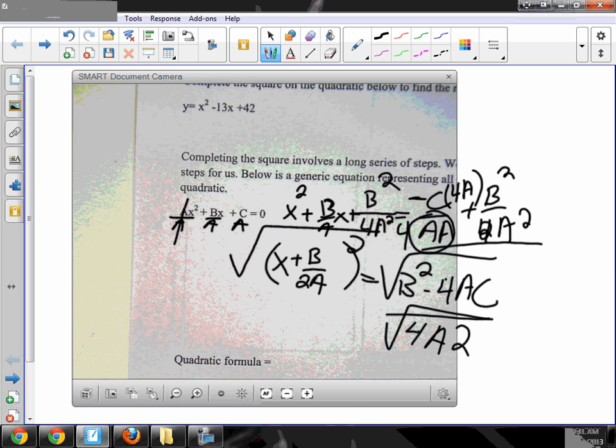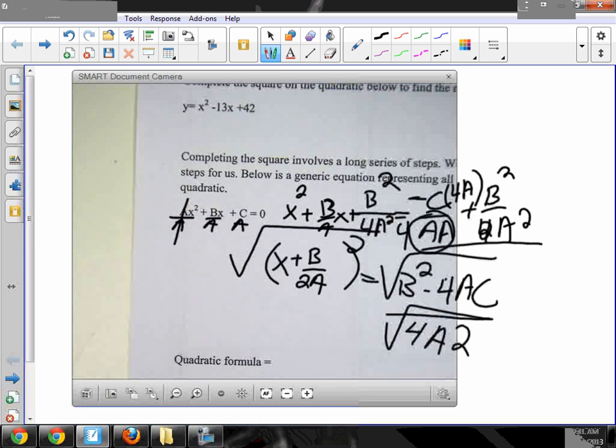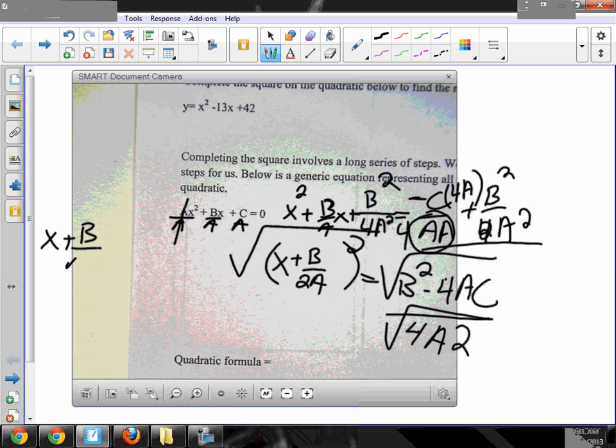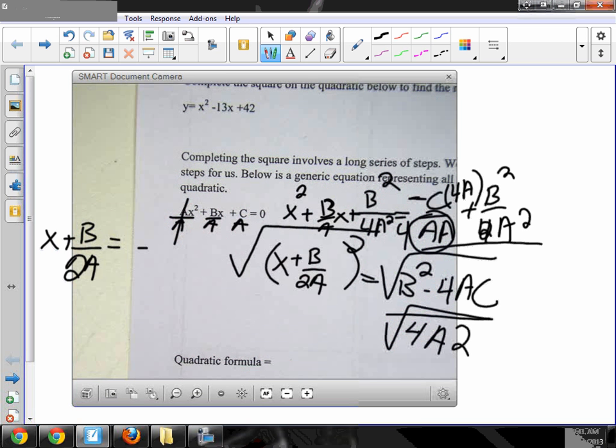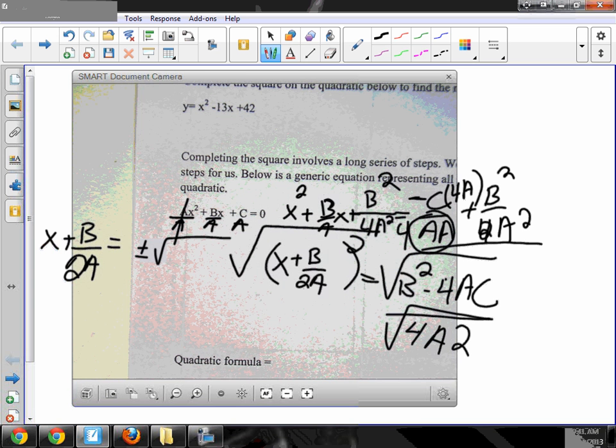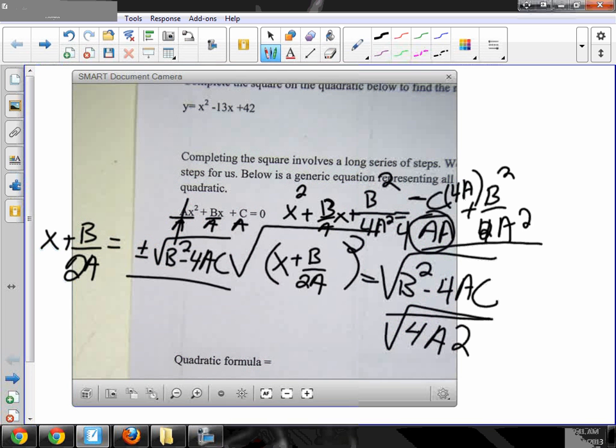And I get x plus b over 2a equals plus or minus the square root of b squared minus 4ac over, what's the square root of 4a squared? 2a.